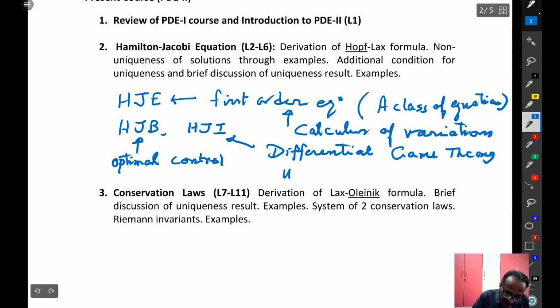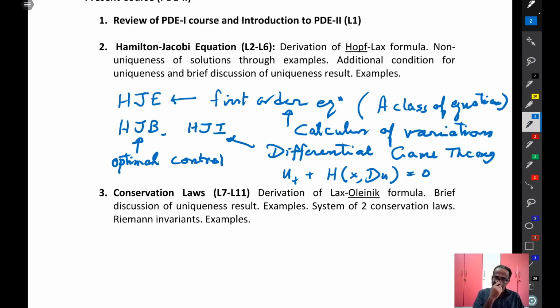Typically, the Hamilton-Jacobi equation will have this form, where H is called a Hamiltonian. We will motivate it through various examples. This is a very special class of equations arising from more general nonlinear equations.